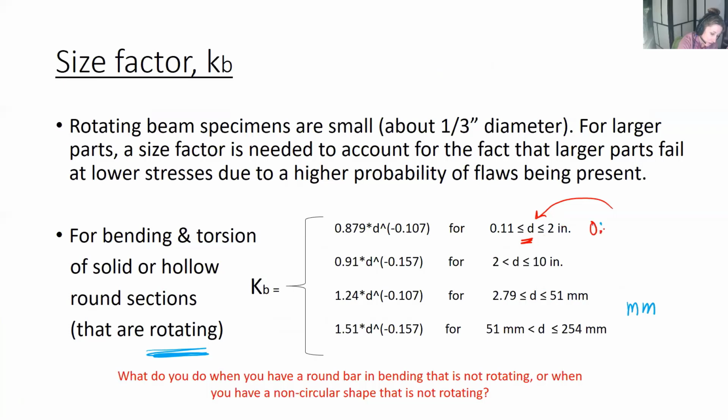So now we do 0.879 times 0.74 to the negative 0.107. So that is 0.907 for Kb. Cool.